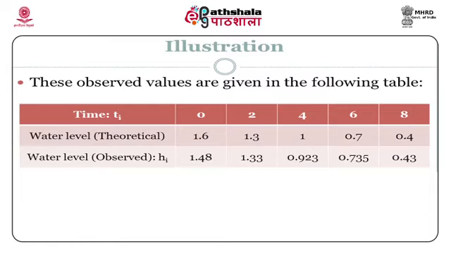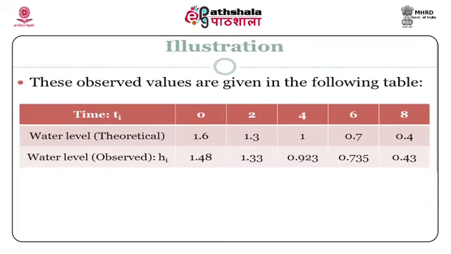The reason is that the cross sectional area is 1, so the height determines the cubic meter water volume in the tank, and this water volume decreases at the rate of 0.15 per minute, and therefore the height h(t) will be 1.6 minus 0.15 t. So this is the exact relationship between the time and the height of the water level.